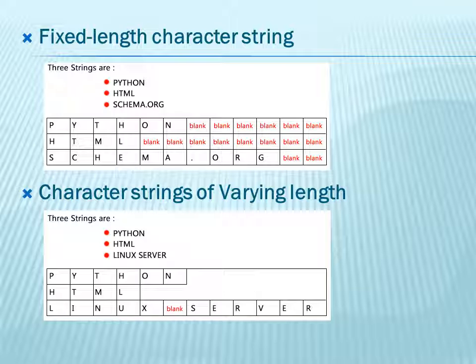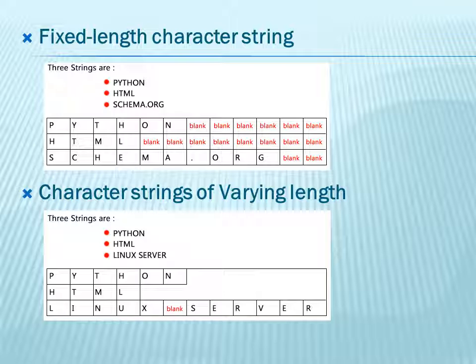Second, HTML has 4 characters, and the next has 10 characters. For storing any data, it takes all 12 length. See, Python has 6 characters, and the remaining 6 are blocked. We can't use that space for any other value.